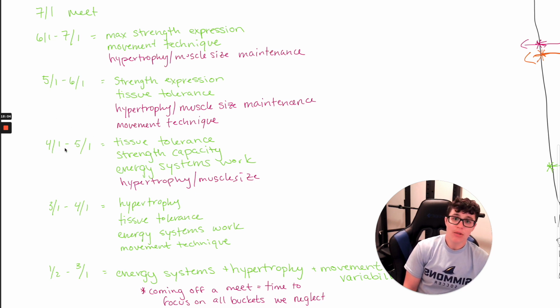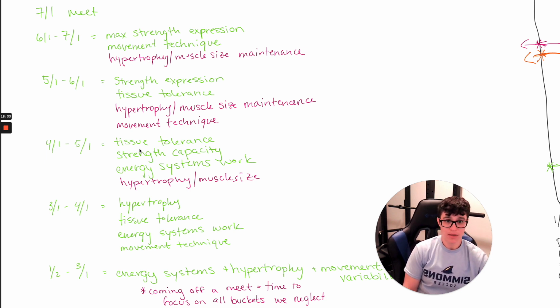Block 4 is 4-1 to 5-1. We're going to focus on tissue tolerance, again, leading into that next block. Some strength capacity. We've likely just built some strength or hypertrophy, and we want to start getting someone back into strength. So we're going to use a bit higher intensity, but still in a manner that it is repeatable and we can build a nice base to work off of the next block to build that strength expression.